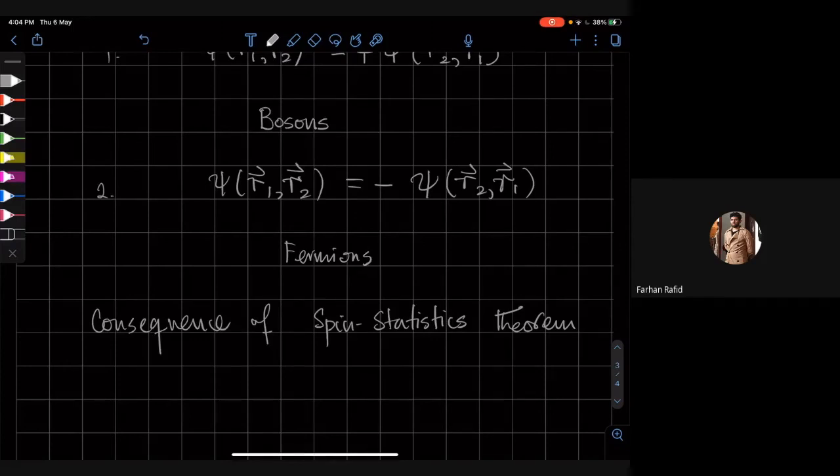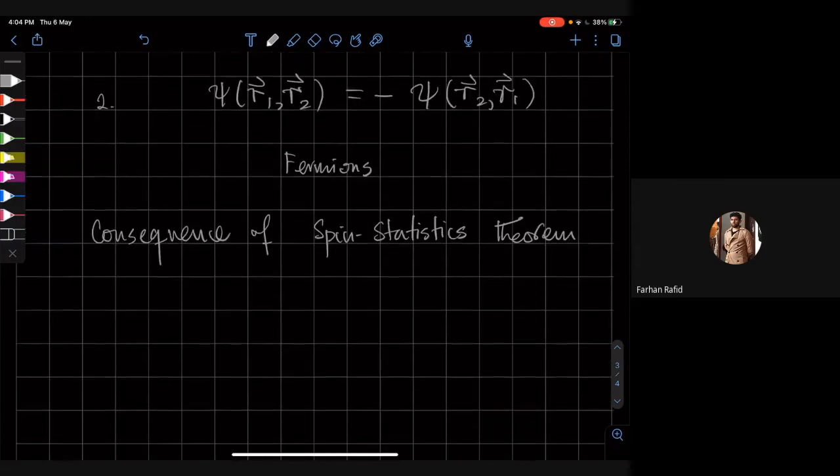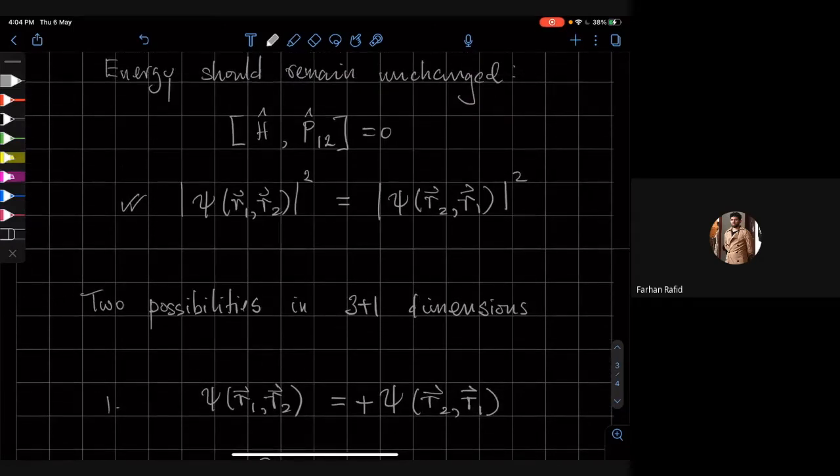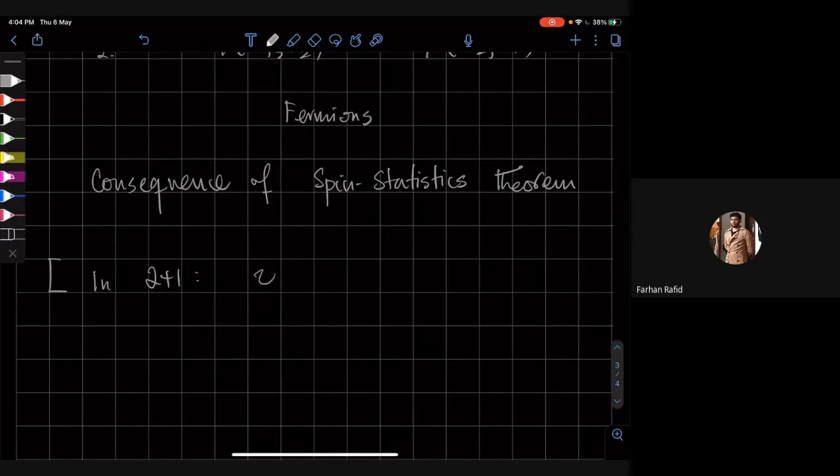Now, it's weird, but let me just remark parenthetically, in 2+1 dimensions, you can have a much more general solution to this equation. If you exchange the two particles, the wave function can change up to a phase that depends on the two particles, right?